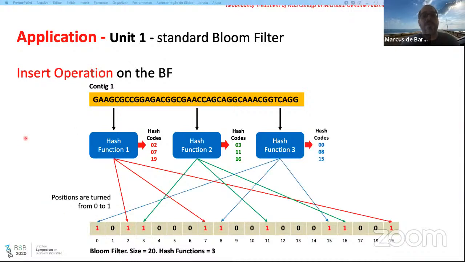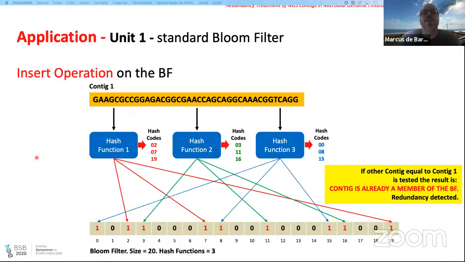And at last, for the third hash function, we have the hash codes 0, 8, and 15, and these positions are turned from 0 to 1. This is the insert operation. If another contig equal to contig1 is tested, the result is that the contig is already a member of the Bloom filter. So we can detect a duplicated contig, and the redundancy is detected.